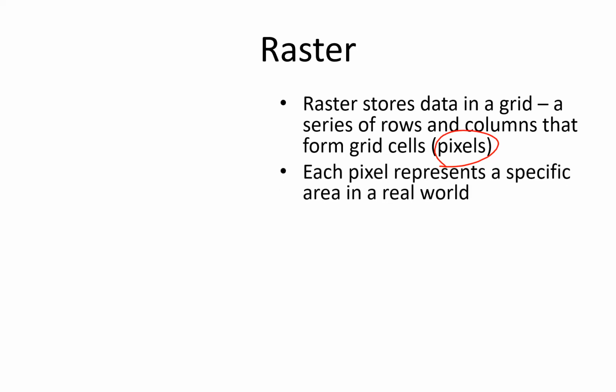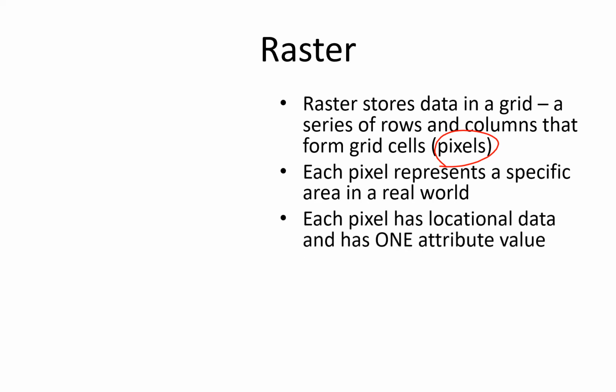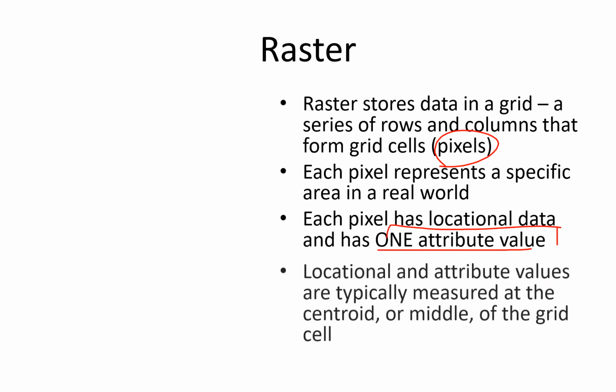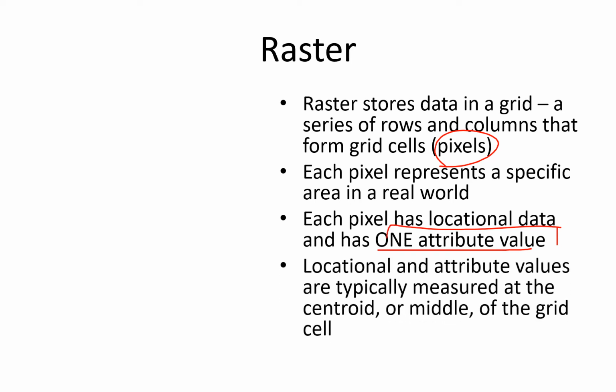Each pixel represents a specific area in the real world, and each pixel has a location but only one attribute table value.